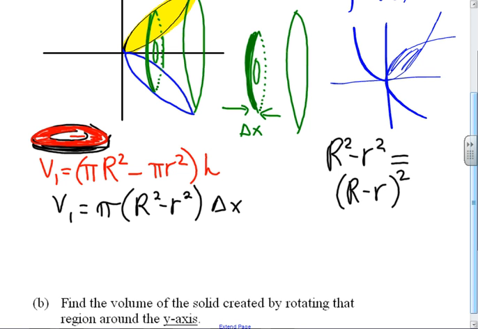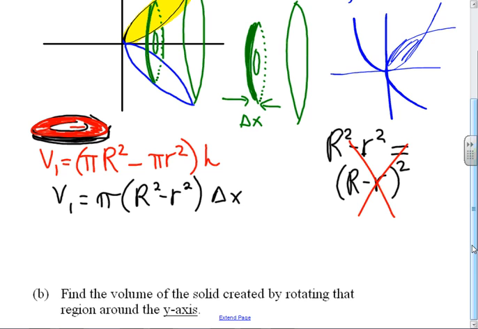We're done with this piece. So what's the biggest mistake students make? They might not even write it that way. They write it this way. That is just plain wrong. Once you do that, you're out of the game. So you don't want to do that. It's the area of the big circle minus the area of the little circle, and you can't do that mathematically.